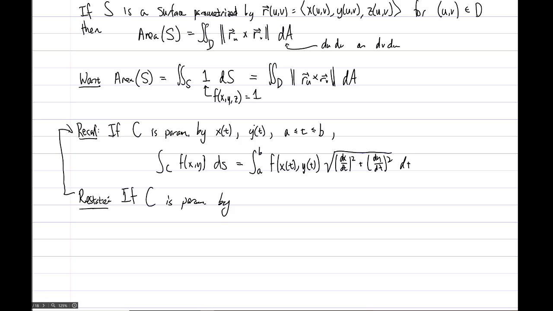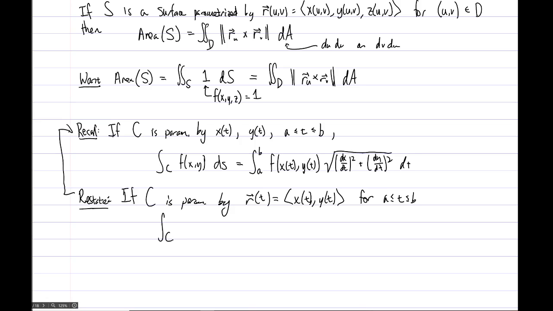That's all. So parameterized as r of t equals angle bracket x of t comma y of t for t between a and b.